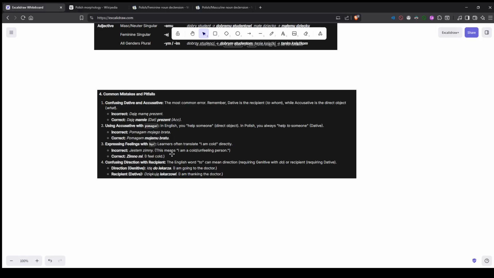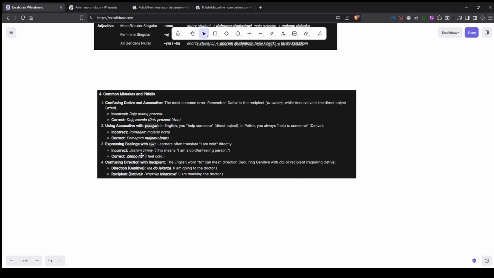But this would actually mean in Polish that you are a cold or unfeeling person, that you have no regard for others, or that you do not feel any emotion. "Jestem zimny." Oof. If you just want to say that you feel cold, then you have to say "zimno mi." Again, "zimno" is like a noun of cold. Not an adjective.